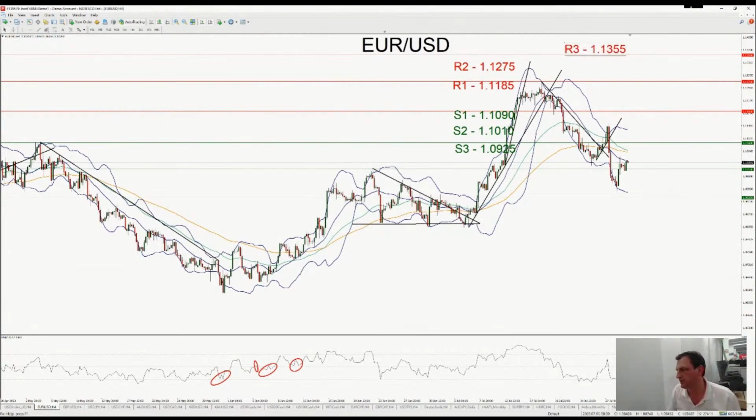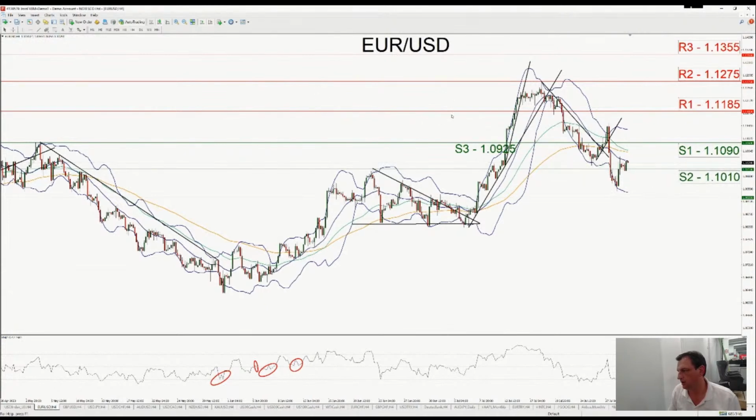Let's reposition the labels. And let's zoom in a little bit. That's a little bit too narrow for my taste.